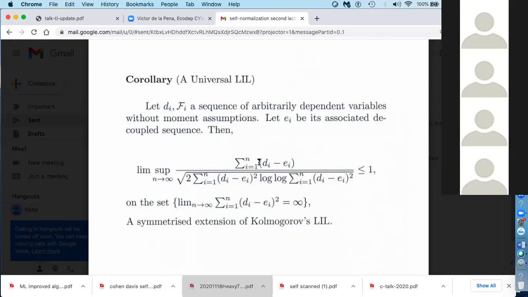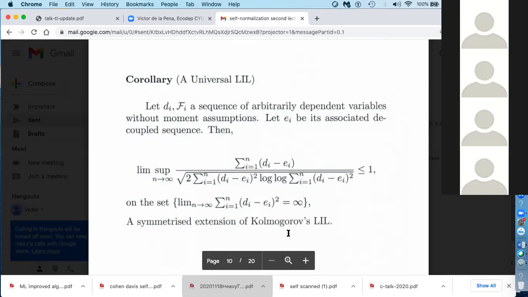When I take the sum of d_i minus e_i, which I can obtain by using the random mechanism that gives me d_i, then the lim sup of the sum of d_i minus e_i, the symmetrized version, over the square root of the sum from i equals 1 to n of (d_i minus e_i) squared times log of the sum from i equals 1 to n of (d_i minus e_i) squared, is less than or equal to 1, on the set where the sum of (d_i minus e_i) squared is equal to infinity. Now, this is a symmetrized, self-normalized extension of Kolmogorov's LIL to arbitrarily dependent variables without moment assumptions.